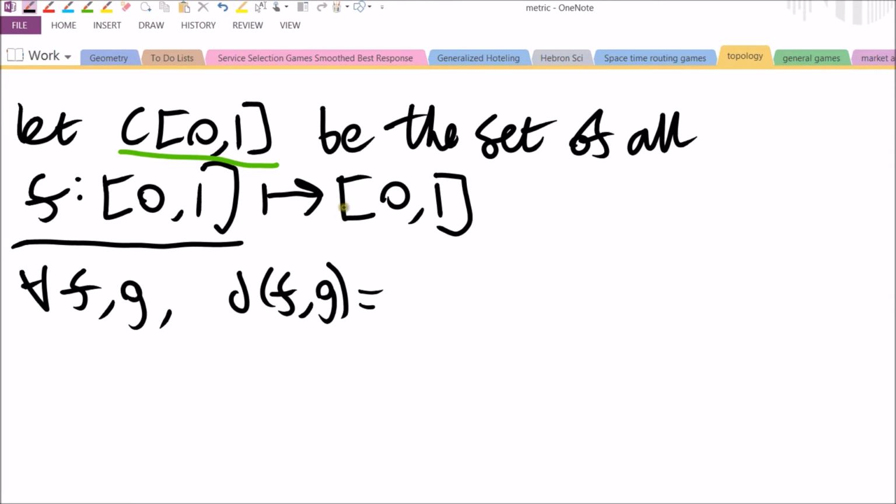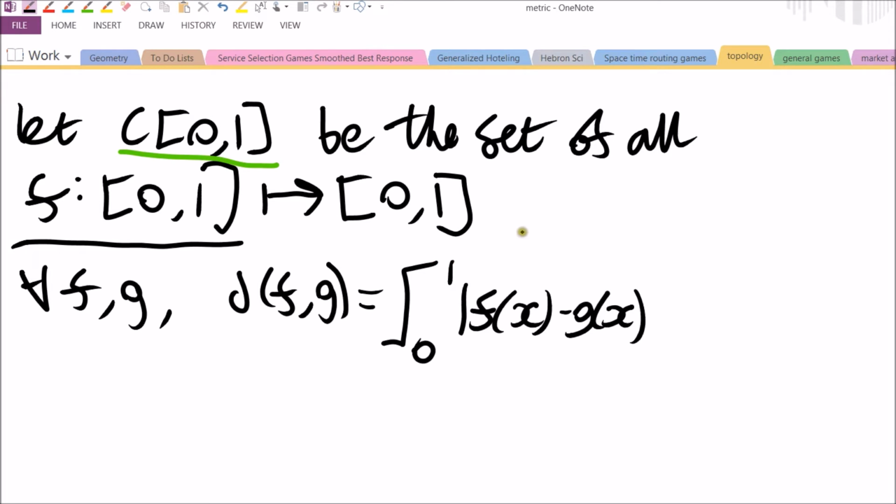It is going to be equal to the integral from 0 to 1 of the absolute difference between f of x and g of x as x varies from 0 to 1.